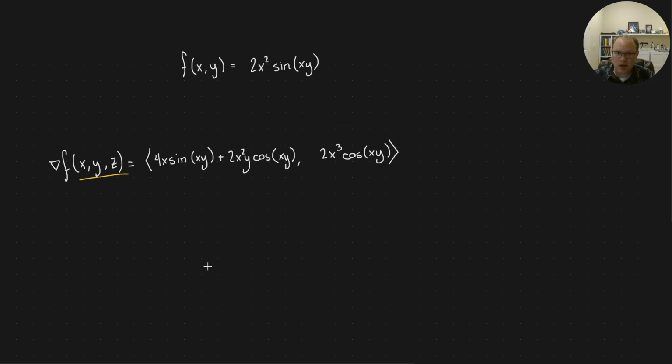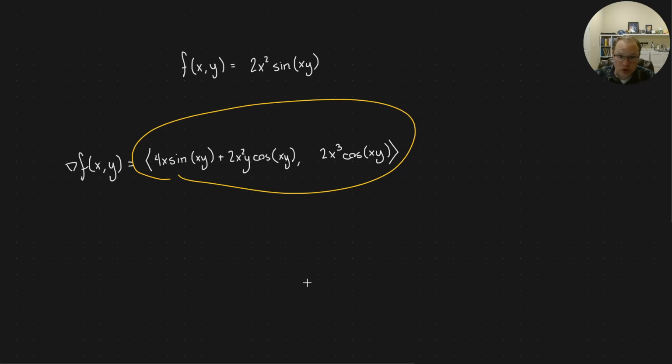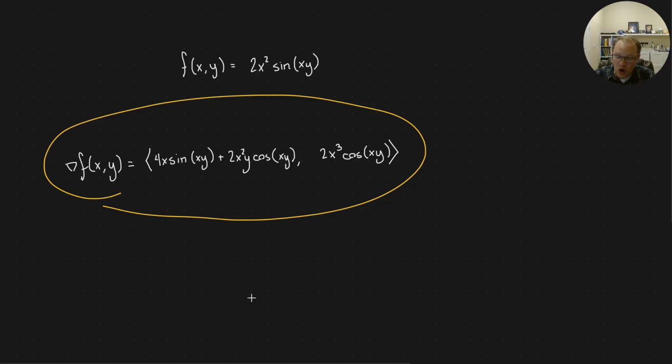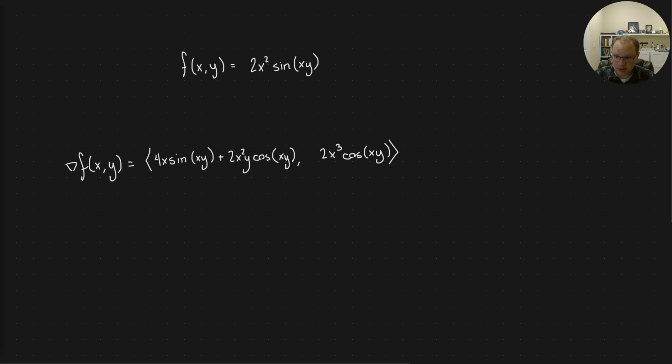For every x, y point, in our two-dimensional space, we have a two-dimensional vector associated with it. So a gradient is always a vector field. Sometimes we call it a gradient field. And it is a very important example, as we will see in coming sections.